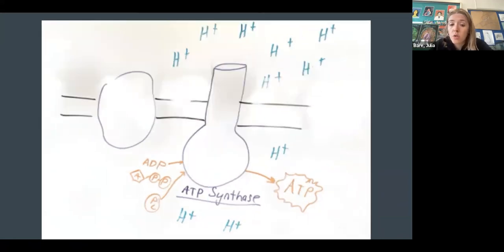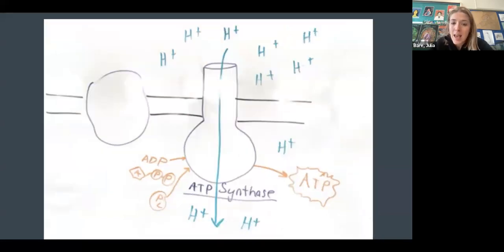So in order to maximize and capitalize on this proton gradient, ATP synthase is actually going to create a little funnel for those protons to move down. It's kind of like a water wheel. If you've ever seen in old-timey movies, they have water wheels.